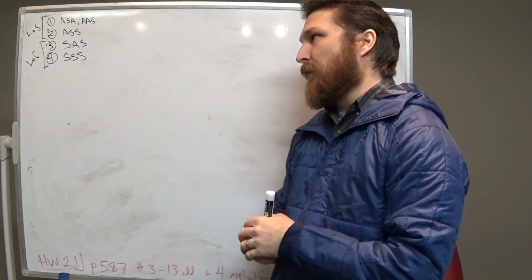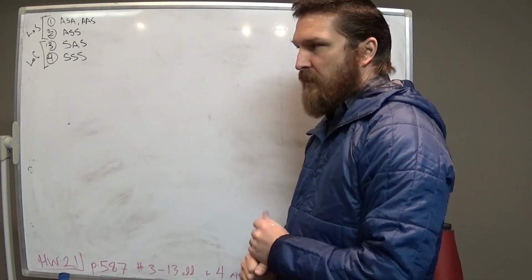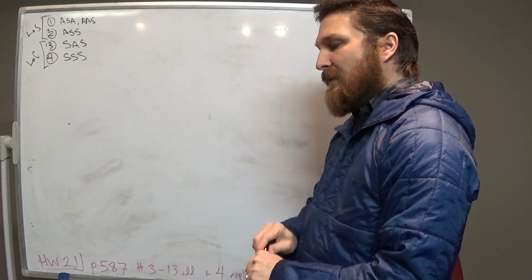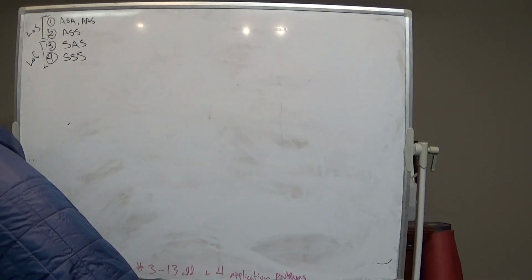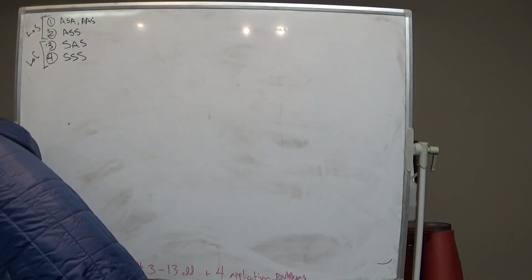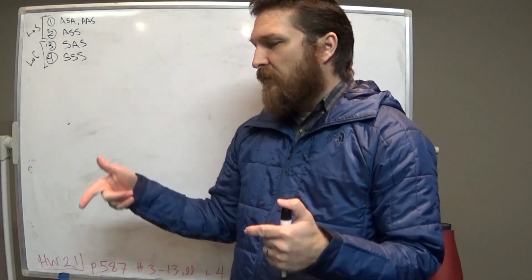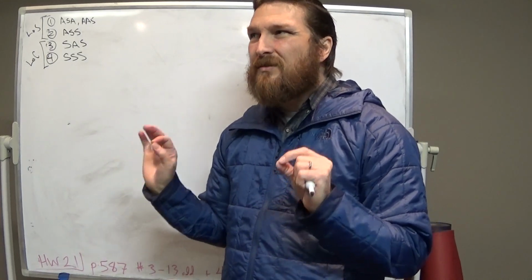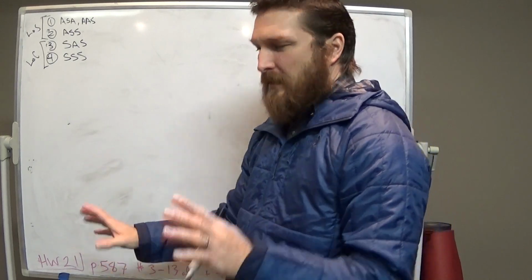I'm going to use an acute one just because you could look in your book and see how they deal with the obtuse one. It's going to be exactly the same. And at the end of class today, I will do something with an obtuse angle, because if you were to just read the obtuse proof in the book, you might go, wait a minute, that doesn't work. I'm going to address that.